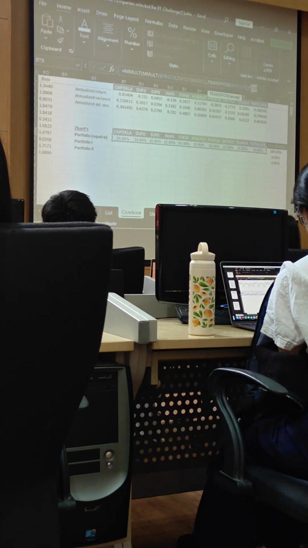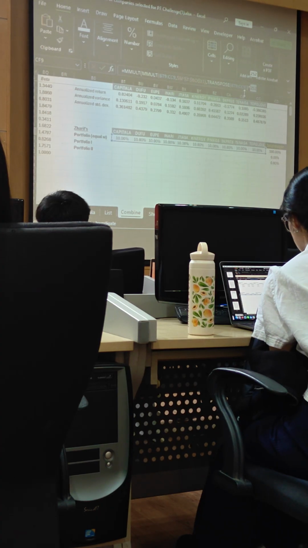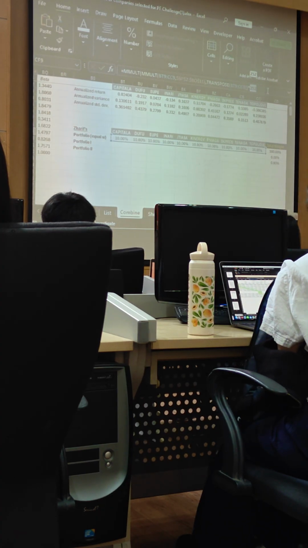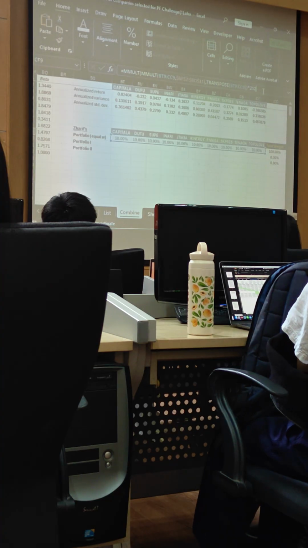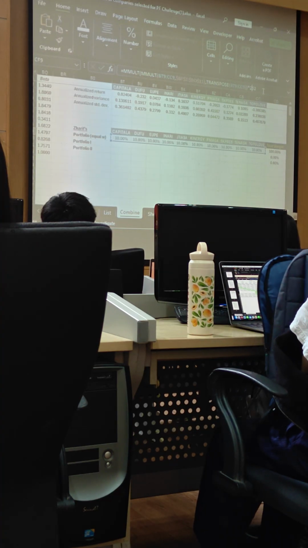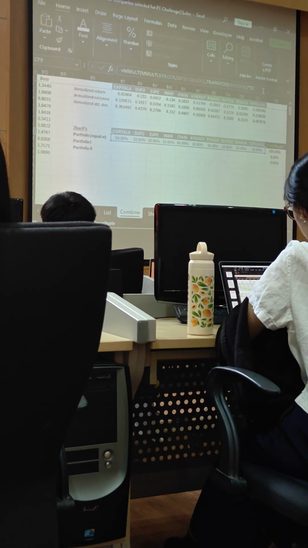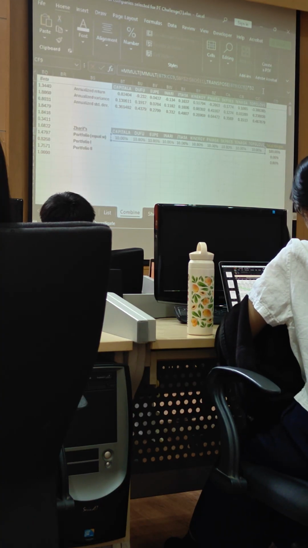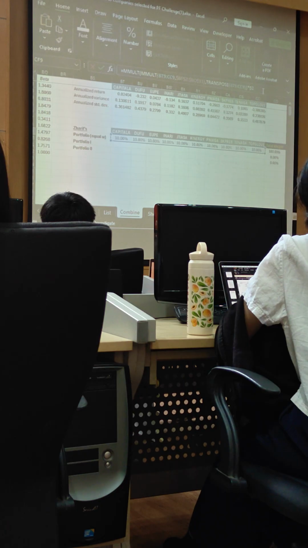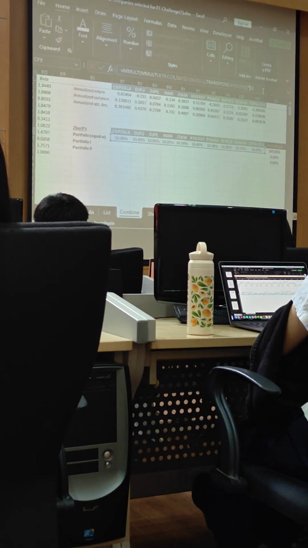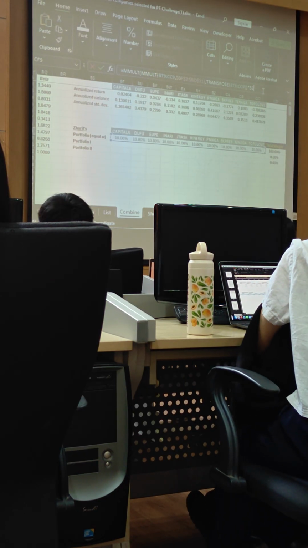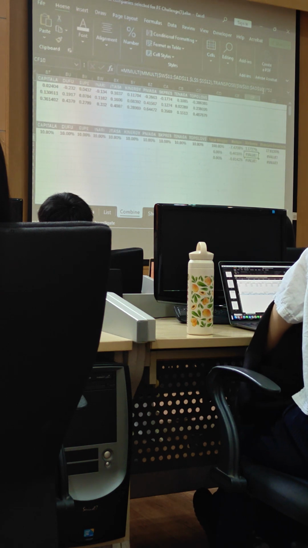Now, in the formula we have 252. However, this is if you use daily data. Because you are using weekly data, you have to change it to 52. Betul? Remember that we transform, we make it annualize, we multiply by 52. Betul? So same thing with this one. And then enter.